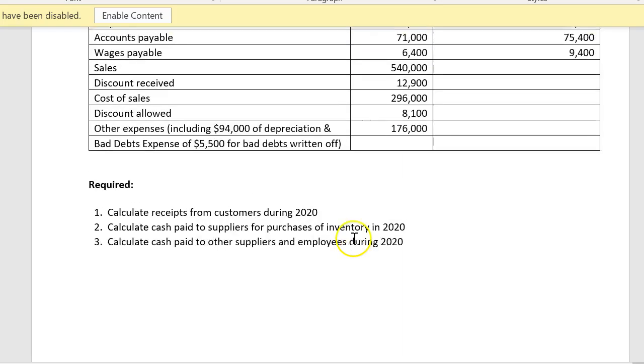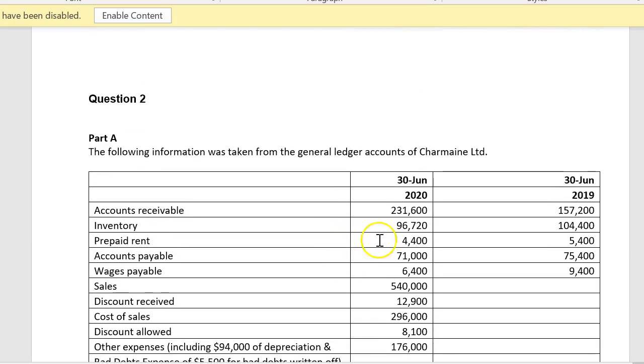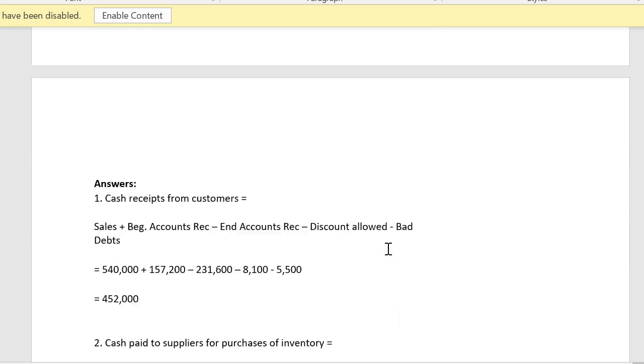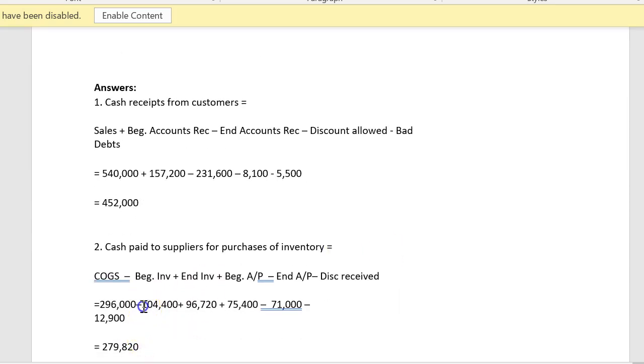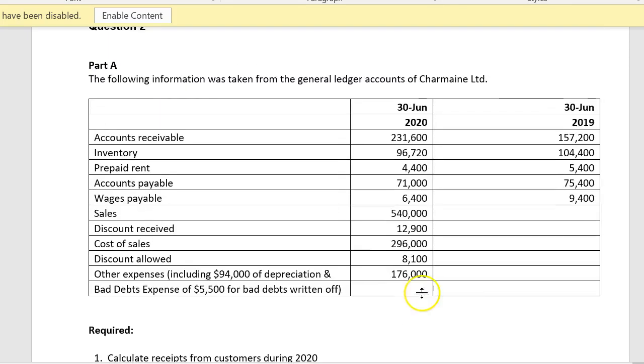Beginning inventory, 104,400. Plus ending inventory balance, 96,720.